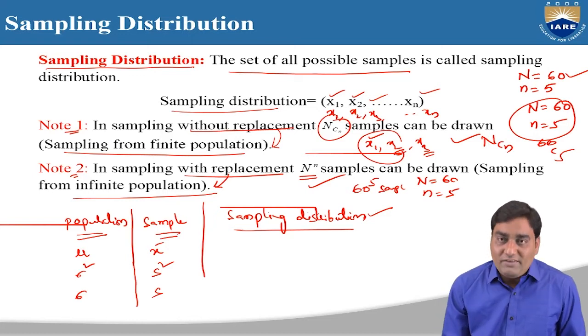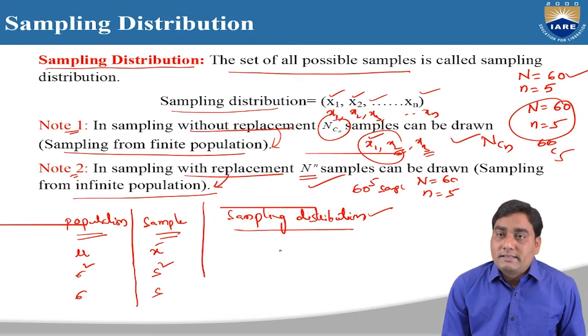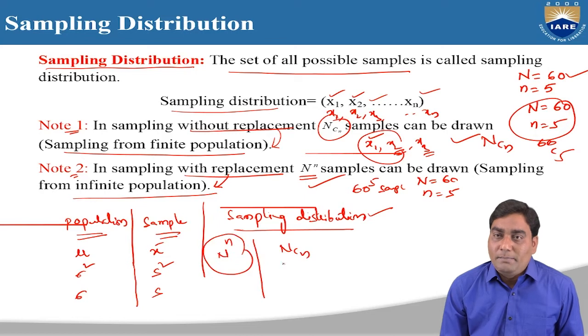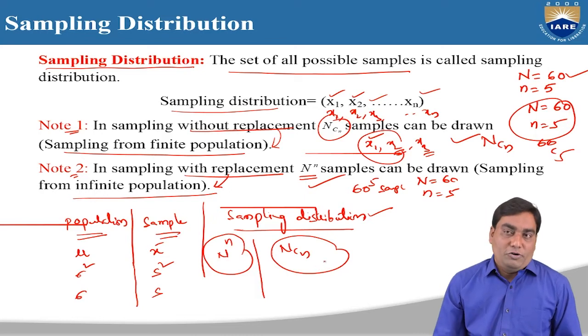So, finally, we have to remember in sampling distribution: NCn or N power n. This is the with replacement case, and this is the without replacement case. With replacement, we call it an infinite population, and without replacement, we call it a finite population.